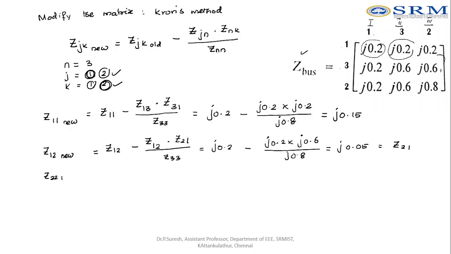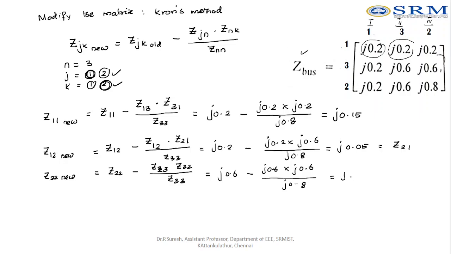Z22 new is equal to Z22 old minus Z23 into Z32 divided by Z33, which is equal to j0.6 minus j0.6 into j0.6 divided by j0.8. So the value is coming around j0.15.